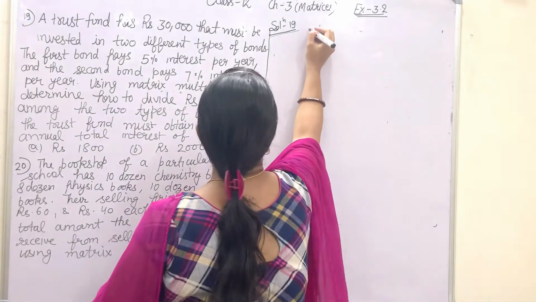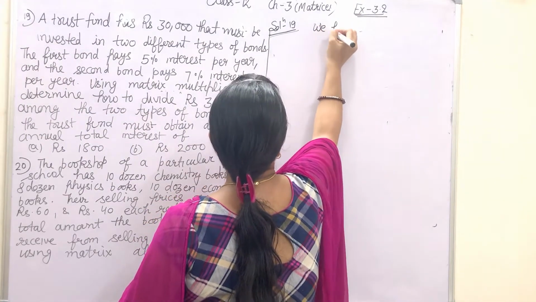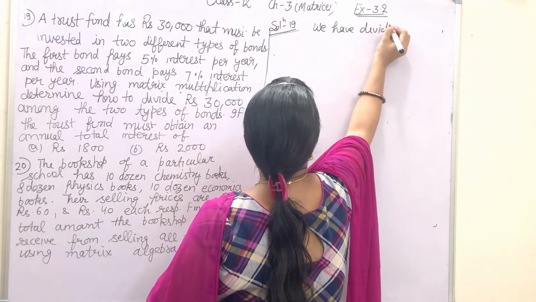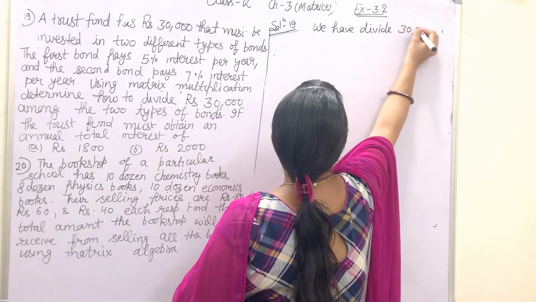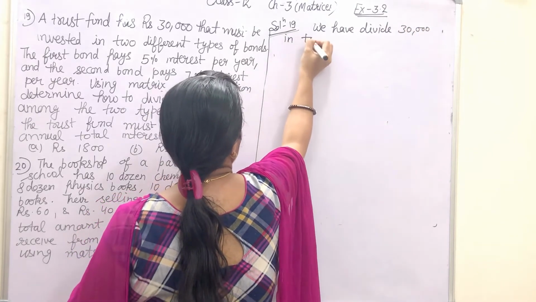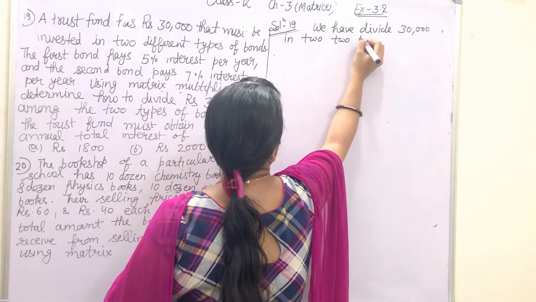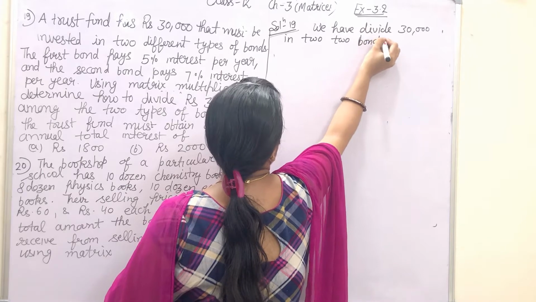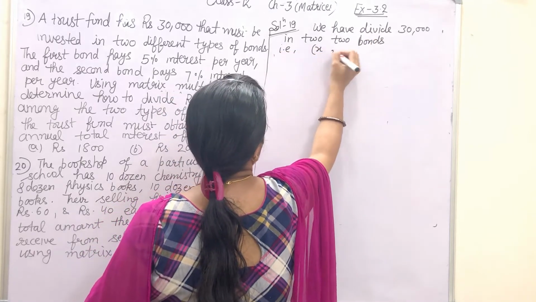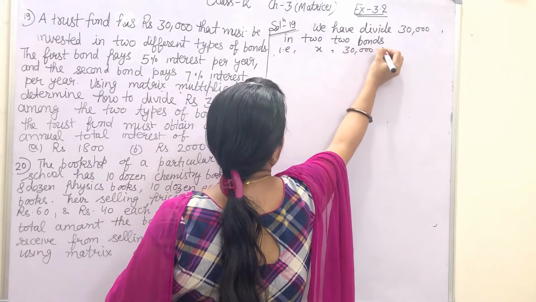We have given, let we divide 30,000 in two bonds. We take the first as x and the second as 30,000 minus x.